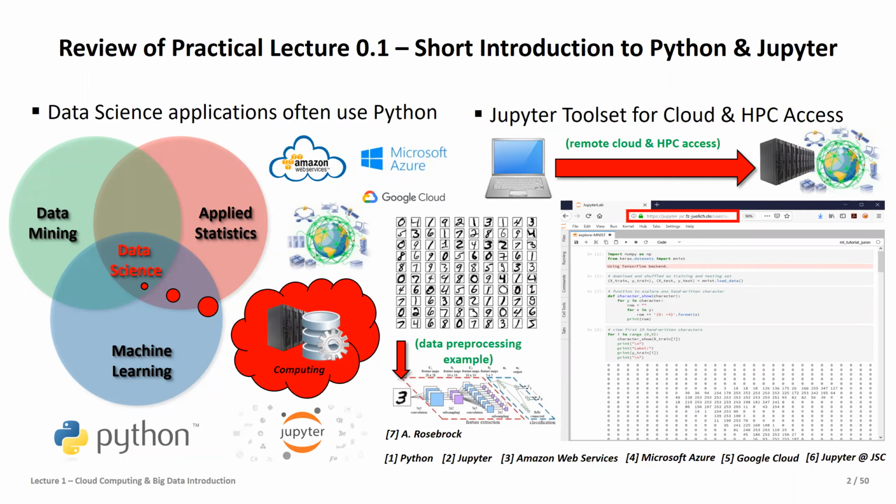So when we have a given problem, the handwritten number recognition that we want to do in subsequent lectures, perhaps with deep learning networks, we have to do some pre-processing of the data. We have to understand the data first. Some data preparation is necessary. So we want to use Python for this, and we don't want to use it on our local laptop. Admittedly, the MNIST, what this character recognition is called, is rather small data.